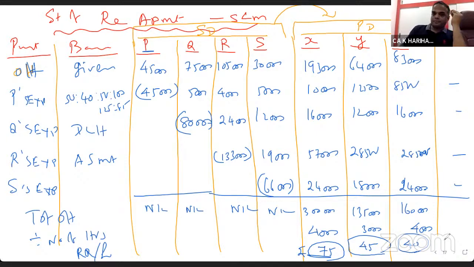Go back. Now, listen here. You see the beauty. In the first step, we transfer the first service department's expenses to the remaining departments. In the second step, we transfer the second service department's expenses to the remaining departments.